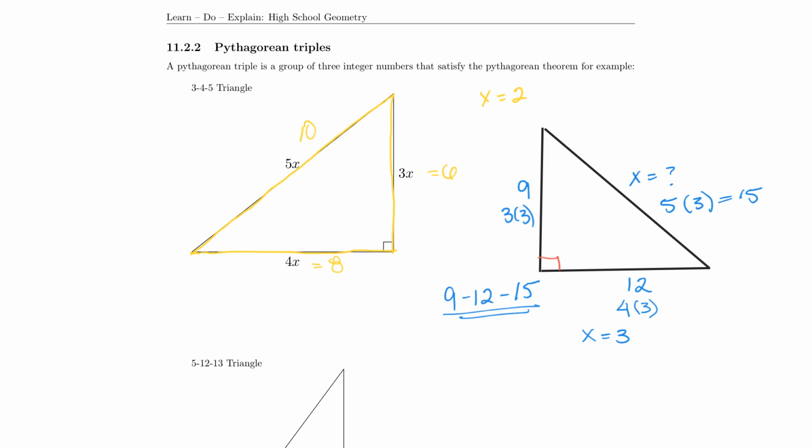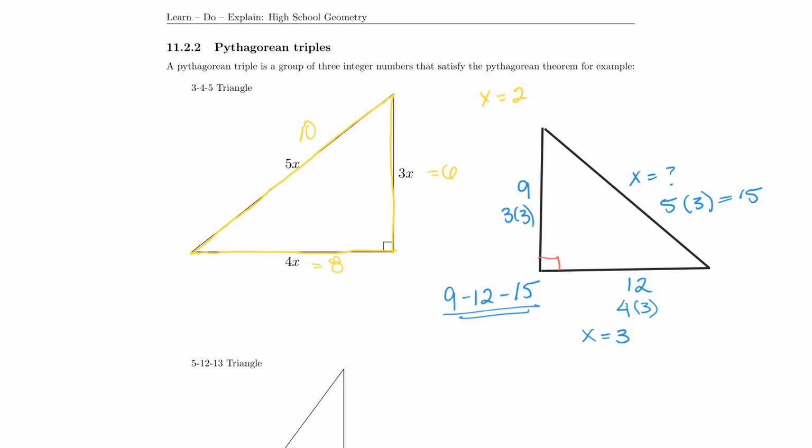Again, the 3, 4, 5 triangle works not only for the lengths 3, 4, and 5, but also for lengths that are multiples of them. This is an easy way to calculate the length of the missing side without applying the Pythagorean theorem. Those are tricks that we can use to facilitate our job.